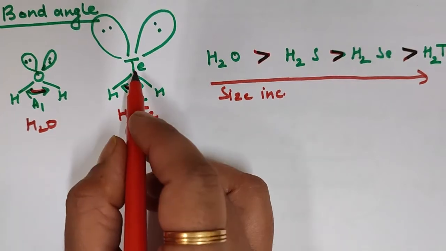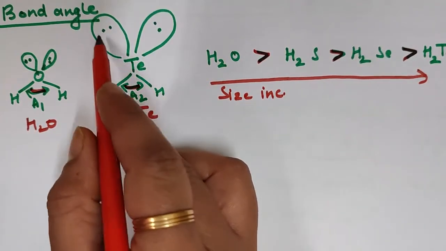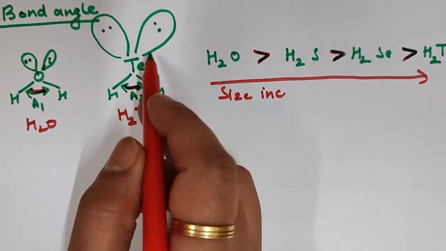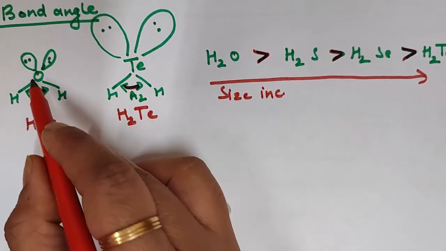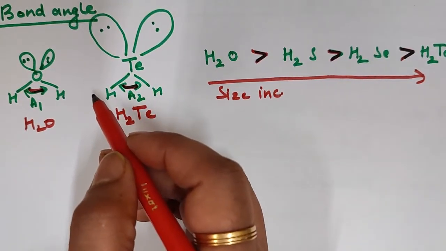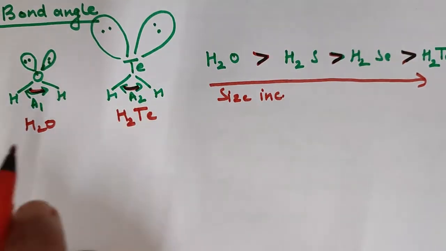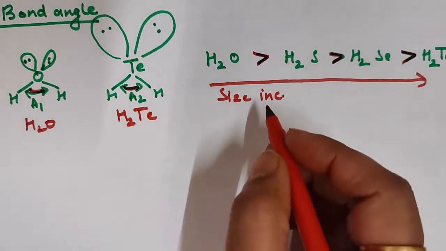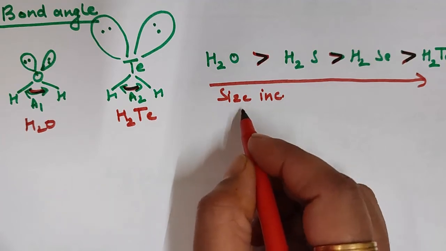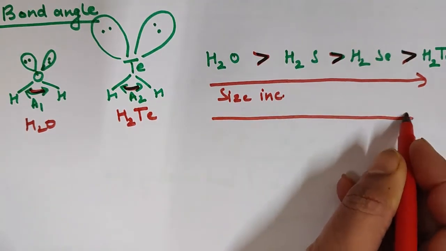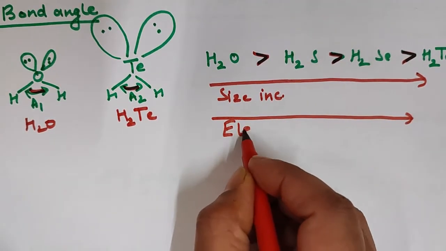For tellurium the size will be more, and even the orbitals will be larger in size as compared to that of oxygen.